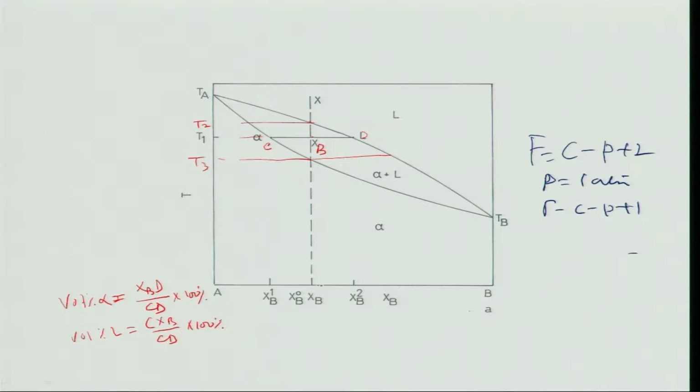Why? Because the liquid is on the right side, so I take the arm on the left side, CX. You take the opposite arm. If your phase is on the right side, you take the arm on the left side of the fulcrum. If your phase is on the left side, you take the arm on the right side of the fulcrum. And this is known as the lever rule.